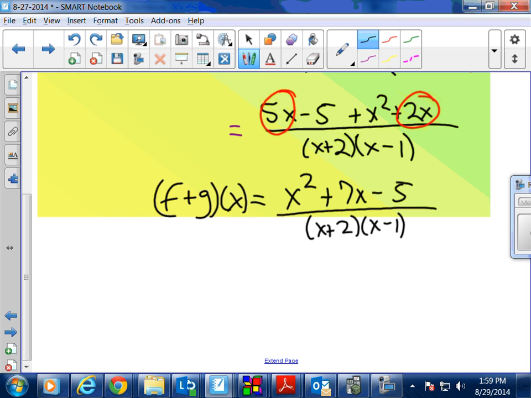Now, in our case, the domain restrictions are going to still be similar to the two we wrote up there, because we cannot let x, so the domain is x is all real numbers such that x cannot equal -2 and +1. I'm running a little bit out of space, so I do apologize if it didn't come out correctly, but you do see that those are the two domain restrictions.